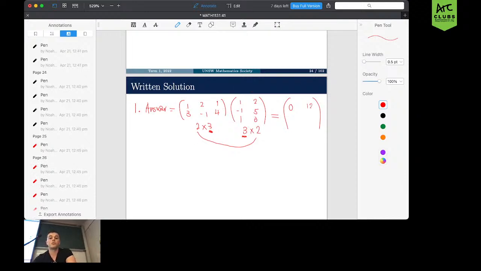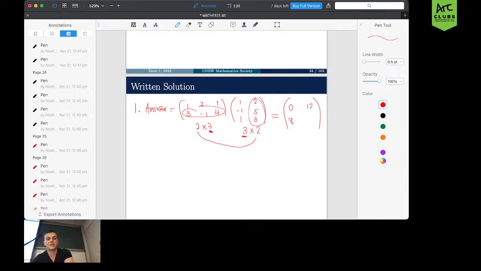Okay, row 2, column 1, so we'll dot row 2 with column 1. That's just going to be 3 times 1, plus -1 times -1, which is +1, plus 4 times 1, which is 4. So that part is going to be 8. Right? Okay. And then row 2 dotted with column 2 will give us entry 2, 2 in our matrix.